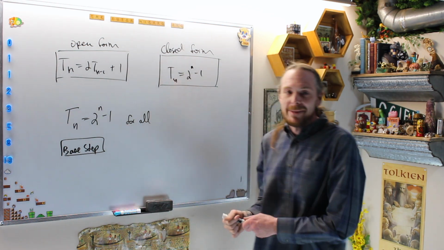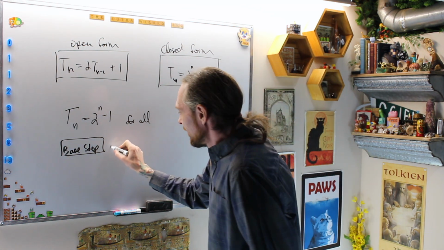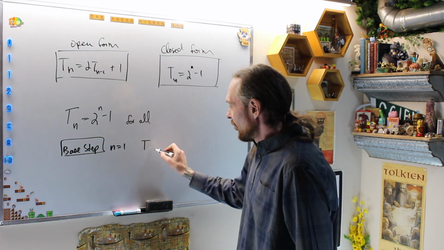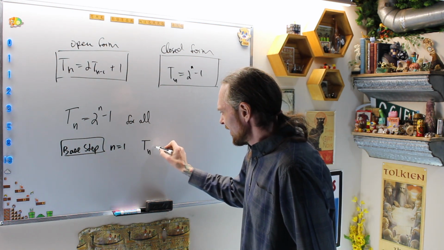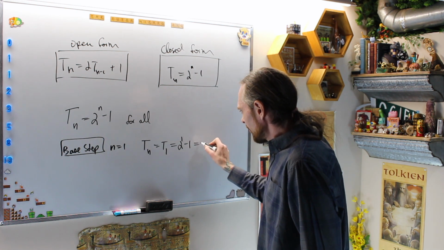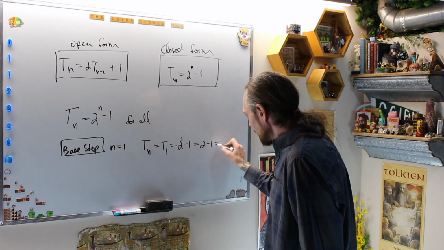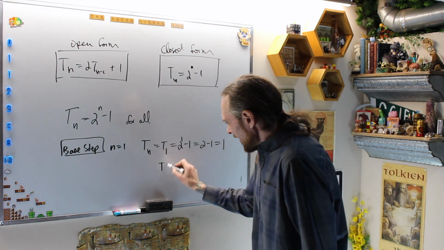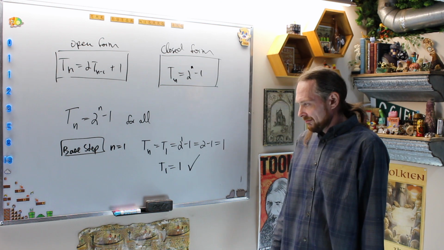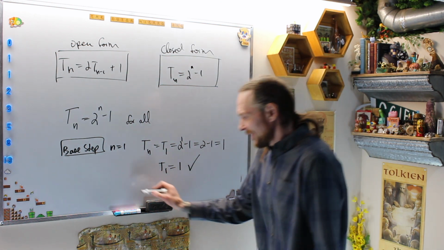All right, good question. So, base step for n equals 1. We claim that T_1 will be 2 to the 1 minus 1, which is 2 minus 1, which is 1. And we have that T_1 is 1. So that checks. Good. If you don't like that, you can start with n equals 2.